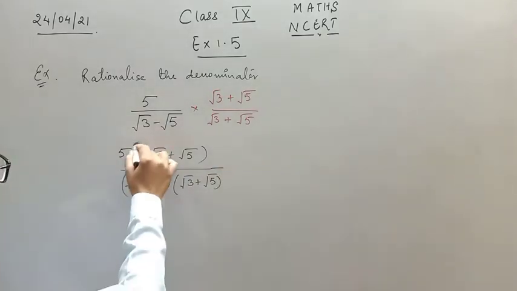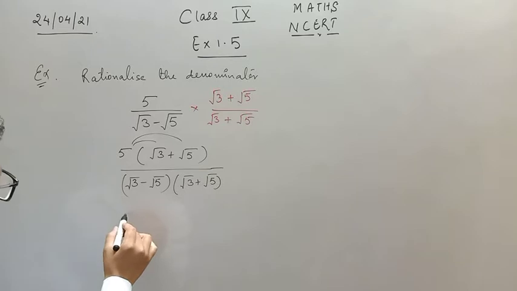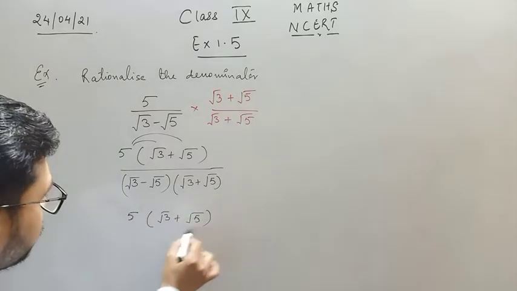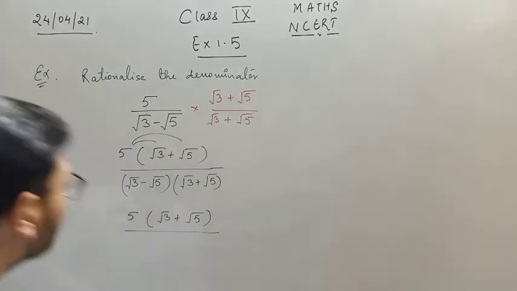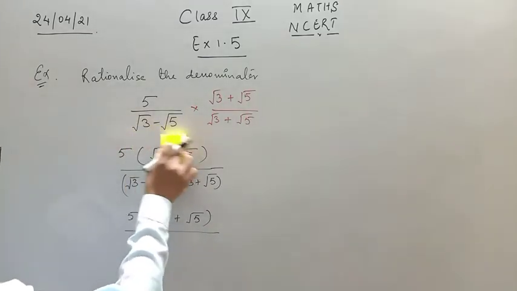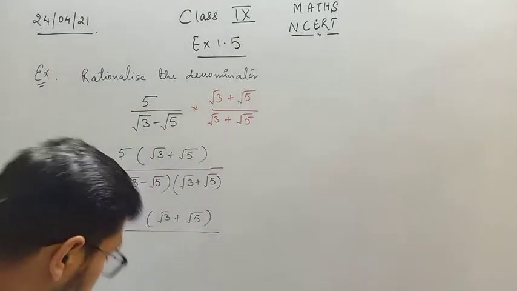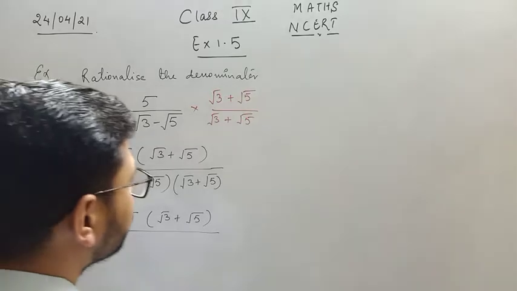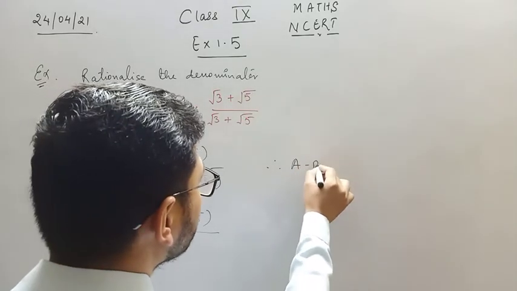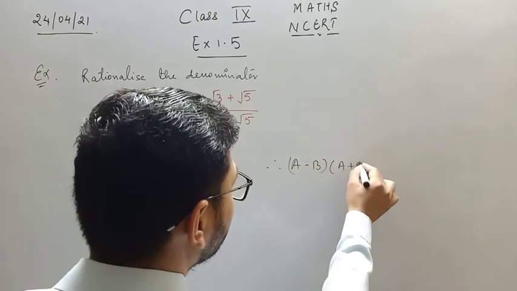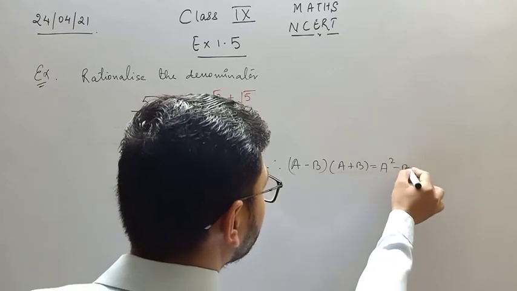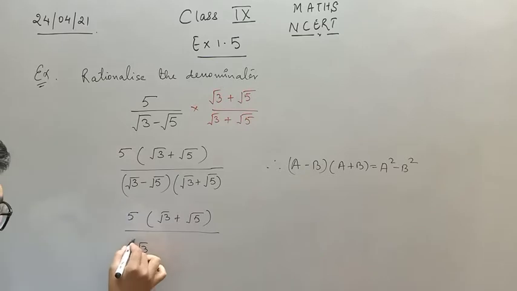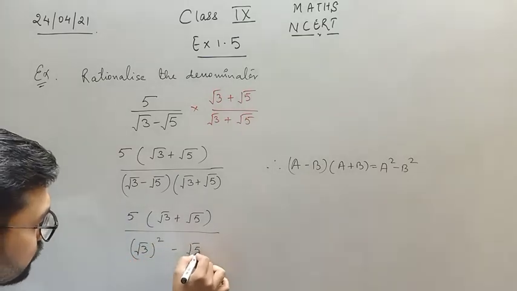Now what you need to do is, 5 root 3 plus root 5. Don't multiply here. A minus b, a plus b will always give you a square minus b square, right? So a minus b, a plus b can be written like this. Any doubt?